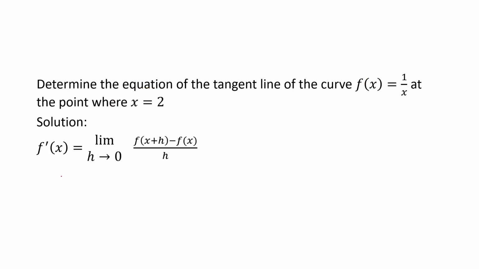So let's figure out an expression for the derivative. F prime of x is the limit as h goes to 0 of f of x plus h minus f of x, all over h. So that's the limit as h goes to 0 of 1 over x plus h minus 1 over x, all over h.